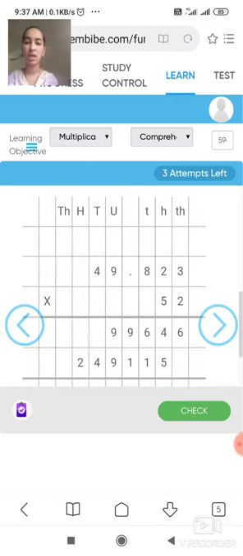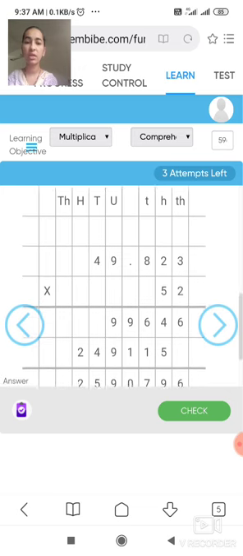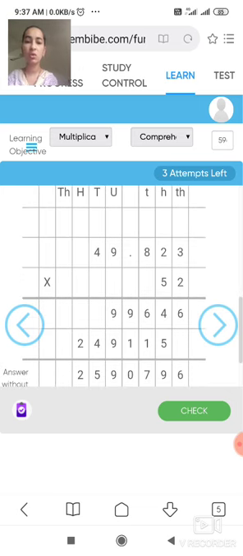Okay, understand this? You can see here the multiplication is done. 2 3s are 6, 2 2s are 4, 2 8s are 16, 1 will be carry over, 2 9s are 18 plus 1 is 19, carry over 1, 2 4s are 8 plus 1 is 9, and after 6 no place is there, you can write 0 there also. But leave that first place.